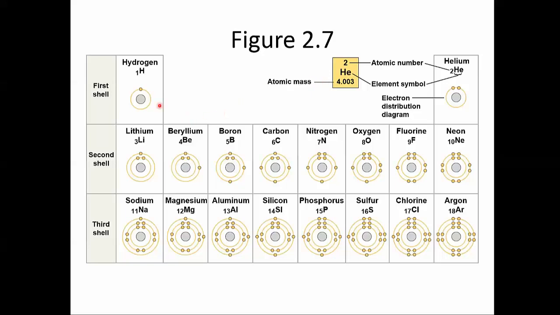Okay, so let's just look at a few of these. I just want to show you one important concept. The first energy level, closest to the nucleus, generally contains up to two electrons. The other energy shells that we'll discuss in Bio 1 can hold 8 electrons.